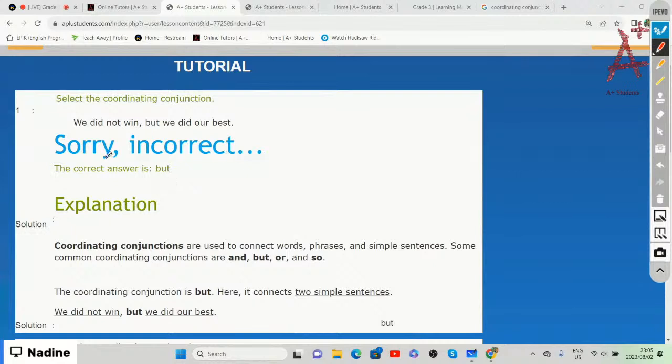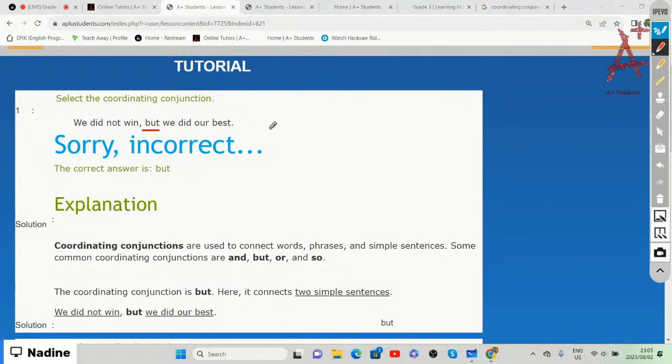So we can say that the coordinating conjunction is but. And the word but joins these two simple sentences, which is we did not win, we did our best, right?